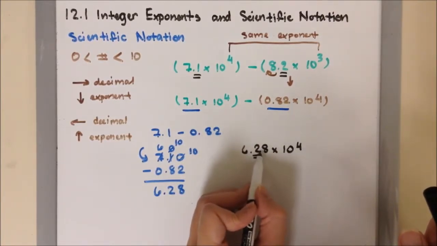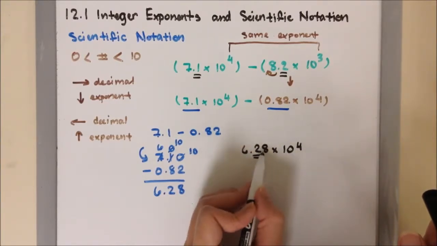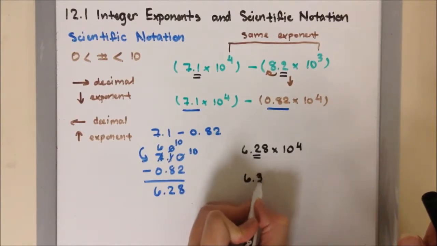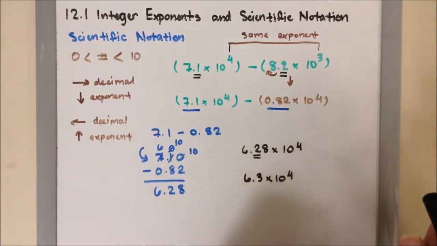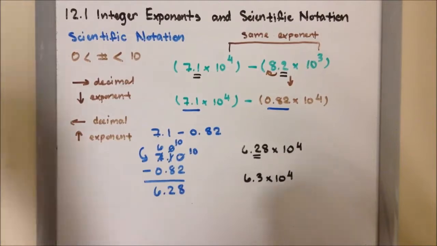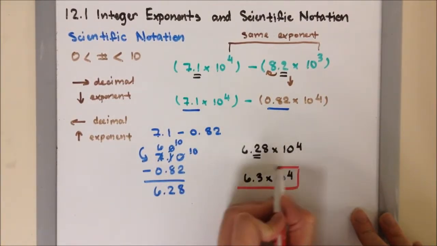Looking at 0.28, the 8 is next to the 2, and since the 8 is more than 5, I'm going to round up. So it's going to be 6.3 times 10 to the 4th. And then my final answer, I'm going to box it up, so 6.3 times 10 to the 4th.